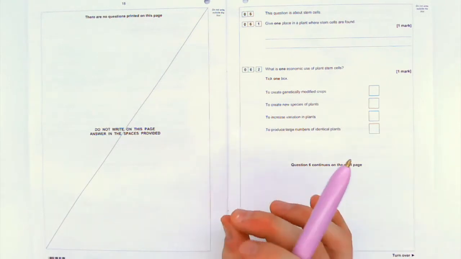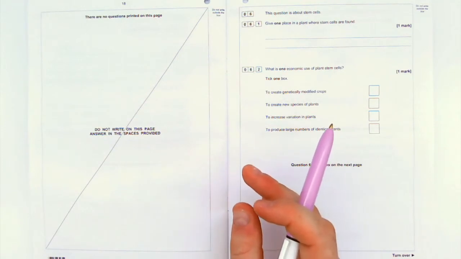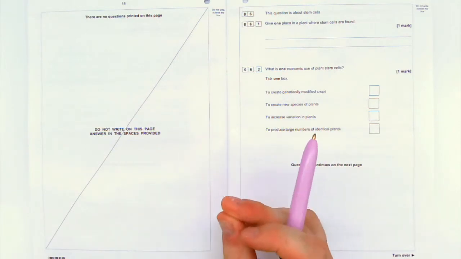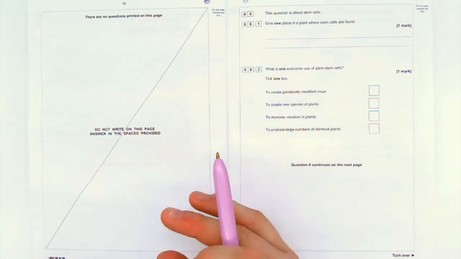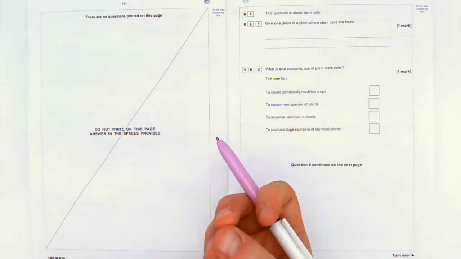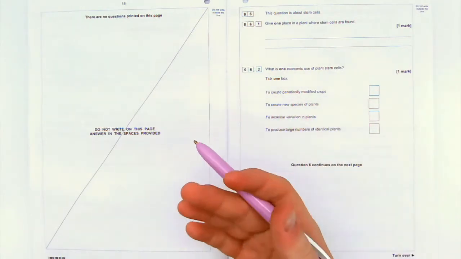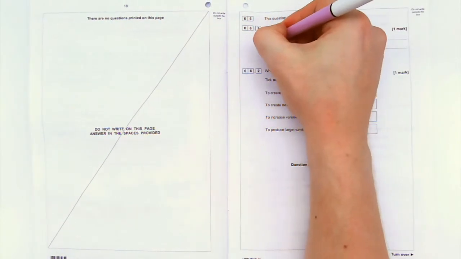Also, at the kind of the tips of any shoots or roots. Okay, so you can kind of take cuttings and put them in, and they will turn into anything. Or if you think about it, those are the parts of the plant which are growing, and that's what stem cells do. They grow and repair. So I'm going to say meristem.